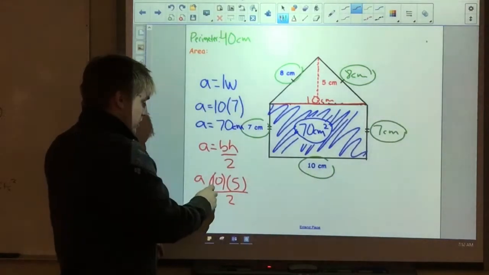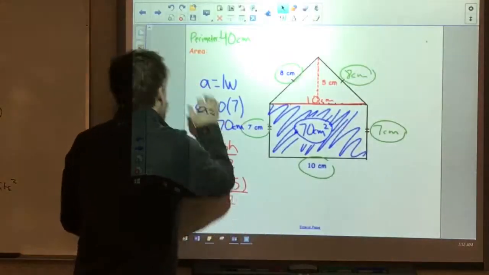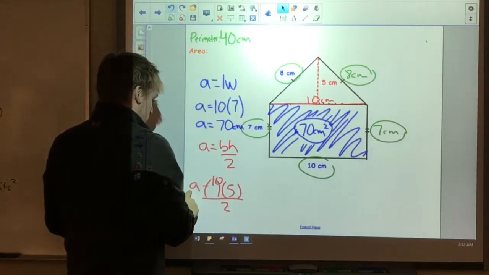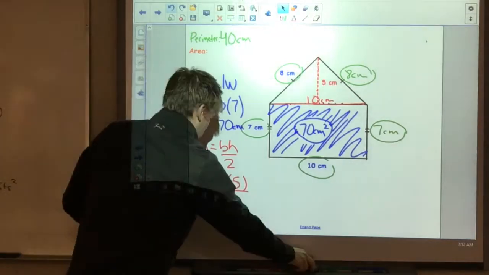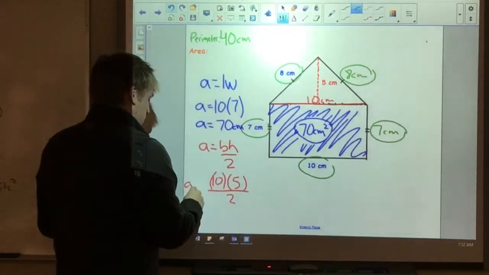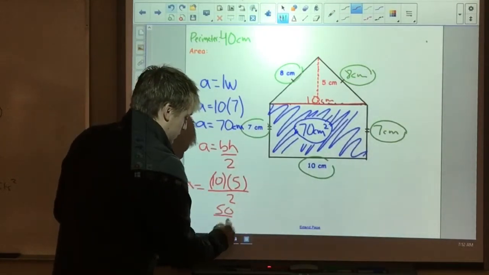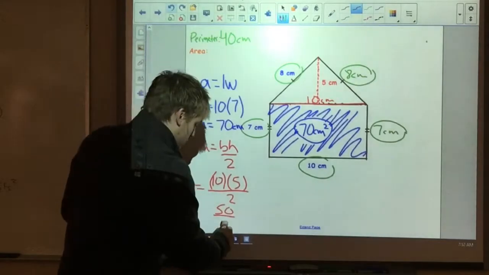Okay, area equals 10 times 5 is 50 divided by 2.